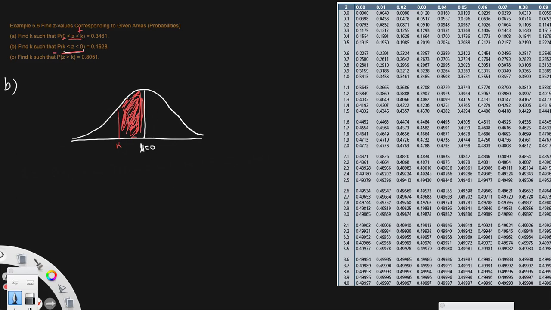That's a quick trick. Therefore your z here is equal to k, because it's the limit that determines all this probability. Same thing: all you have to do is go and find this number here.